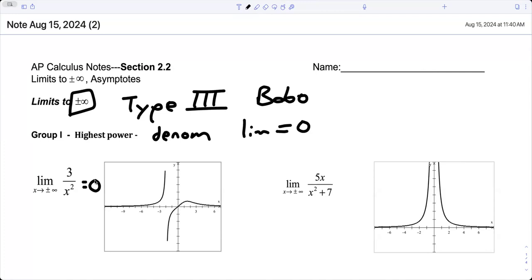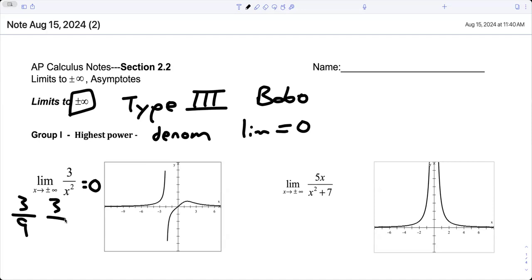In case conceptually you do not understand why, let me show you why it's going to 0. Let's plug in some values as we go to infinity. So I've got 3, that's constant. Let me plug in 3. 3 squared would be 9. And then I've got 3 on the top.